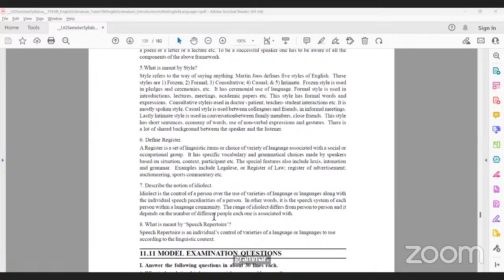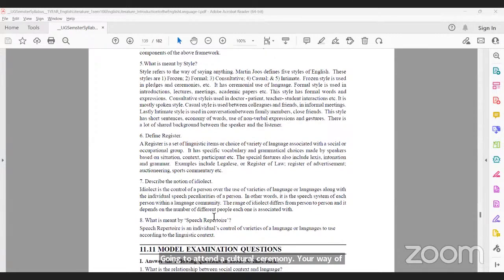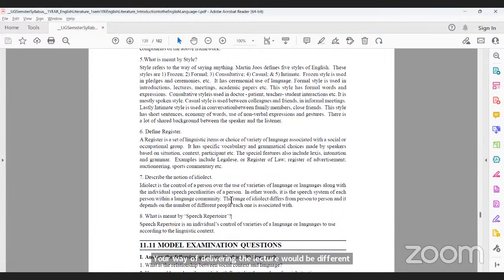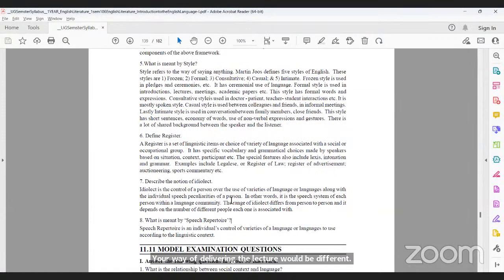So when you are going to attend a cultural ceremony, your way of using vocabulary will be different. When you are going to deliver a lecture in front of some dignitaries, your way of delivering a lecture would be different. You will use certain highly qualified words or language.